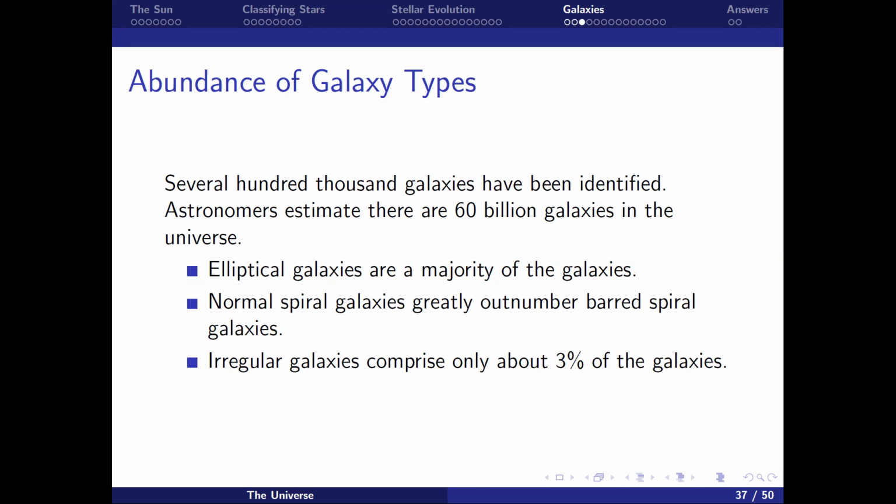Most of them, just from observation, look like they're elliptical. For spiral galaxies, the regular or normal spirals tend to greatly outnumber barred spirals. And then irregular galaxies, which just don't have any normal shape, are only about 3% of what's out there.